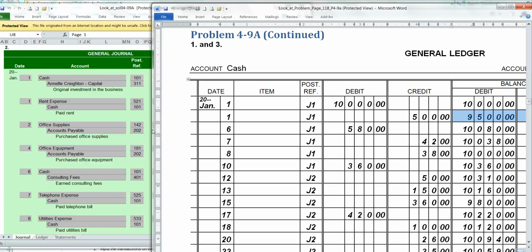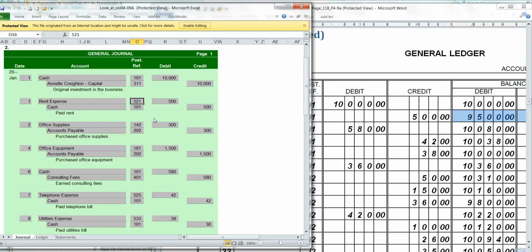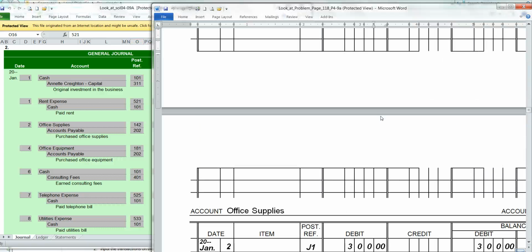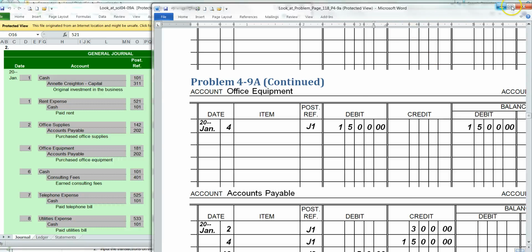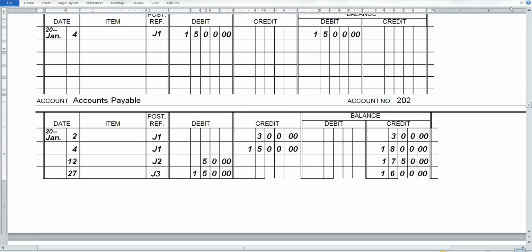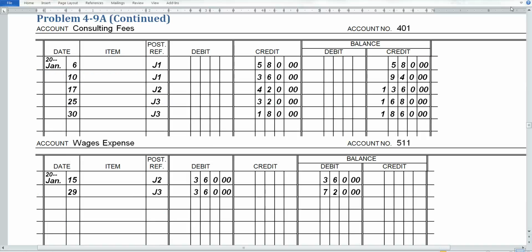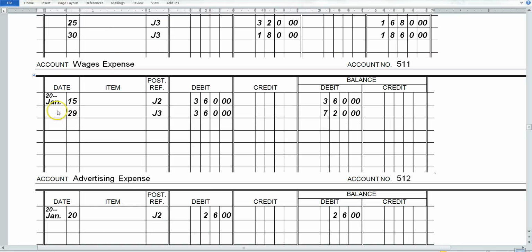Rent expense, and make sure that we're always putting our account numbers. We know that this is 521, so we can rush down and look for our 521 account, which all 500s are our expenses. You'll notice all the expenses are 500 and something.